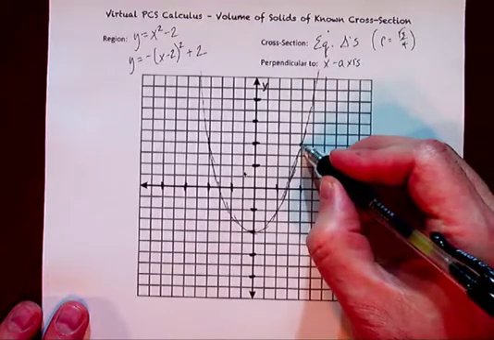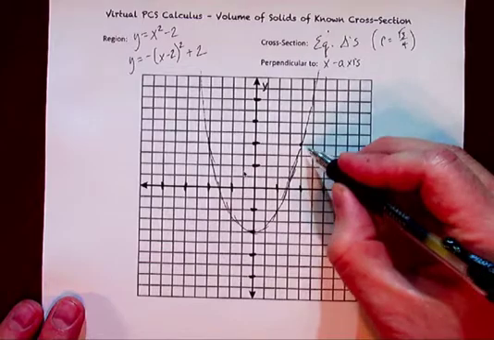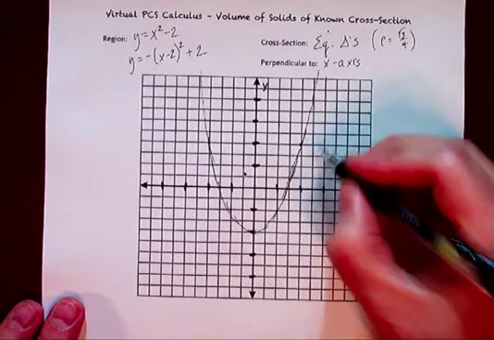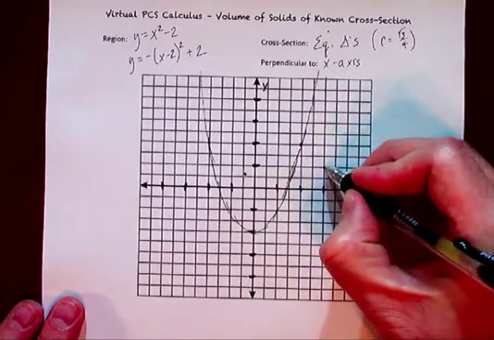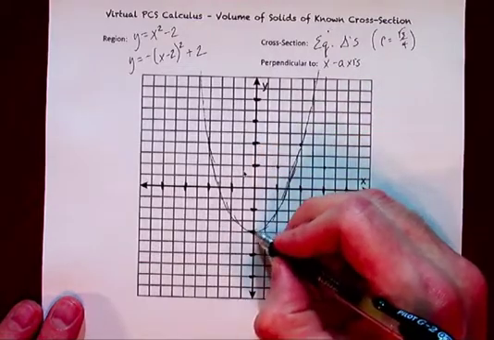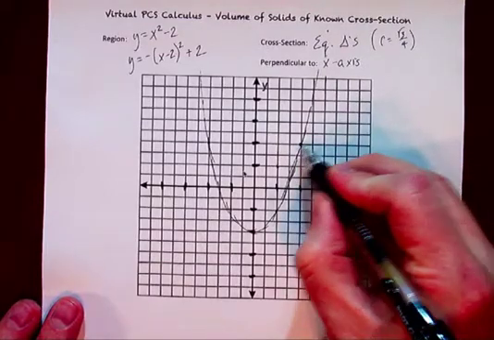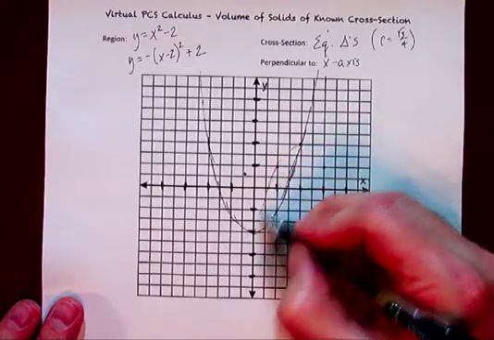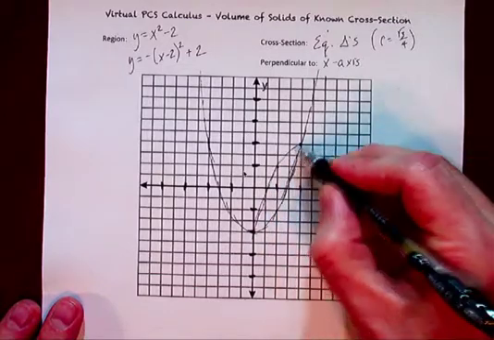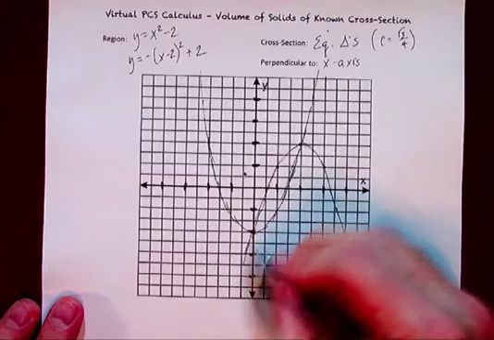And so it still should move out and away from the vertex in the same ratios as the parent function and as the one right here. So over 1, down 1, over 1, down 1, over 2, down 4, over 2, down 4. Now, for our purposes, that's really what we were looking for. We were looking for that region right there, the overlap of those 2 graphs, okay?